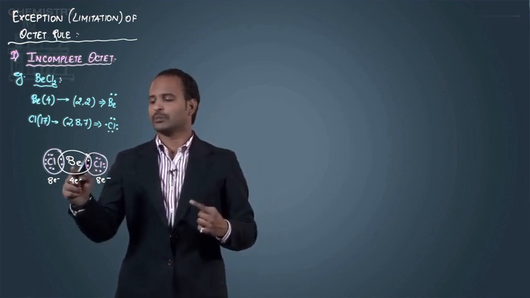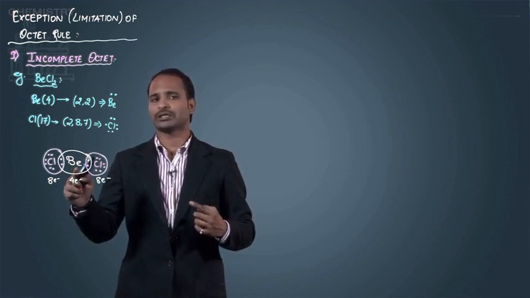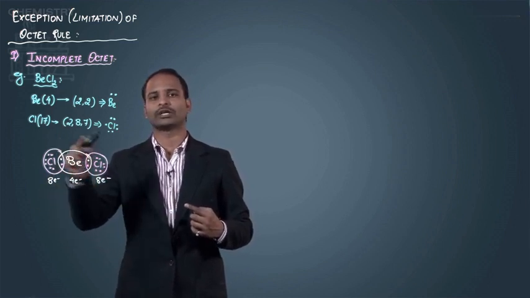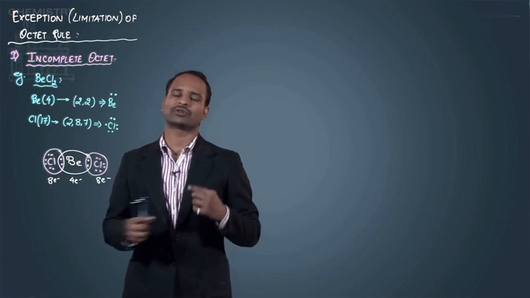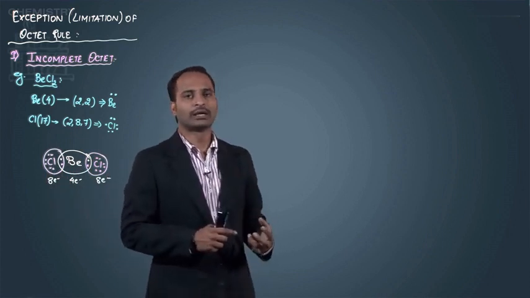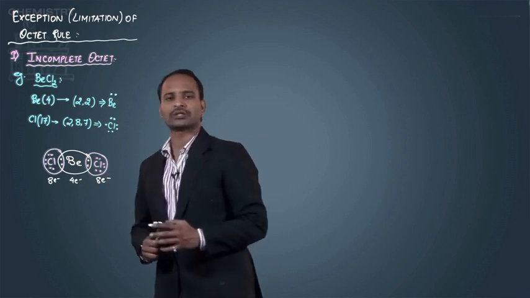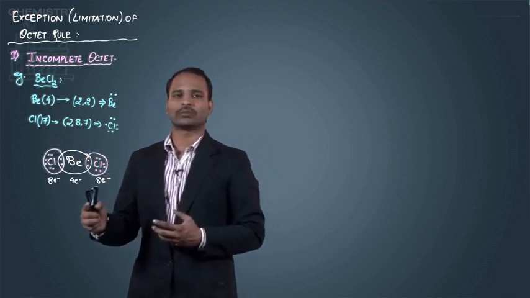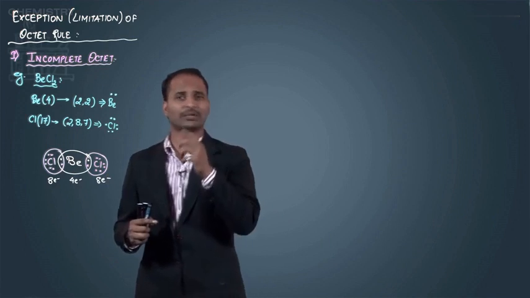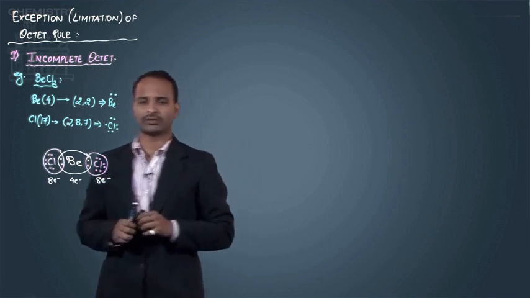But here beryllium doesn't have 8 electrons, and still it forms a molecule. Why it forms is not explained by the octet rule, and hence it becomes a limitation. According to the octet rule this molecule should be unstable, but it is stable and exists in nature, and its stability was not explained by the octet rule.